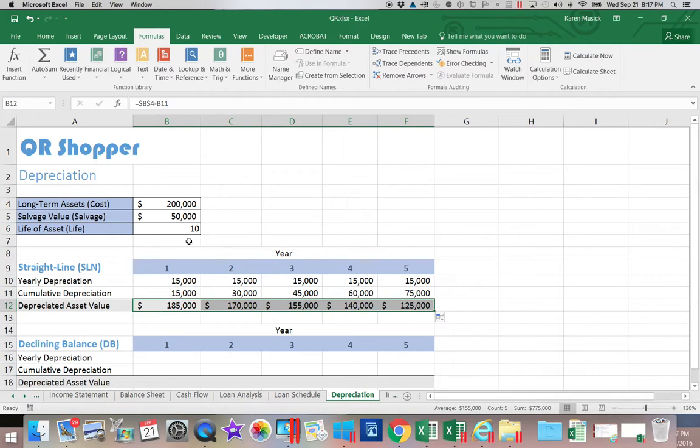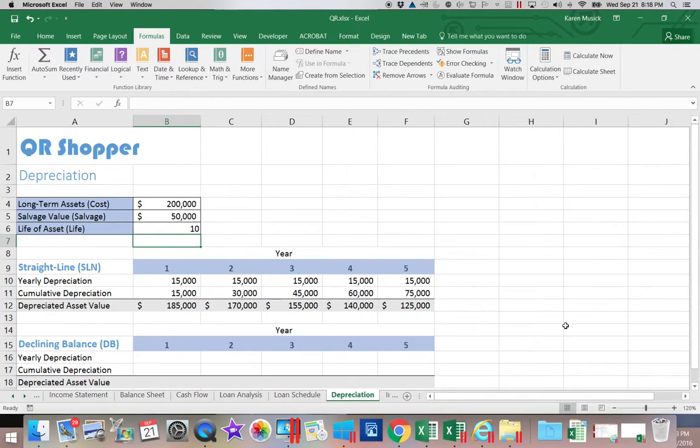So if I were to change this life to 5 years, you would be able to see that your total cumulative depreciation is the $150,000, the difference between the cost and the salvage value. The depreciated asset value at the end of the life is the salvage value. I'm going to go ahead and change that back to 10. But that would show you, that's kind of a good check and balance. Does this work the way it's supposed to?